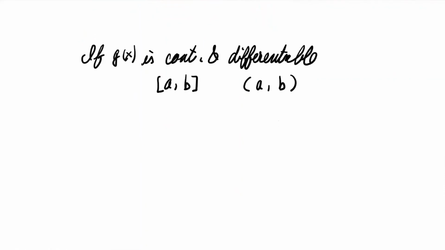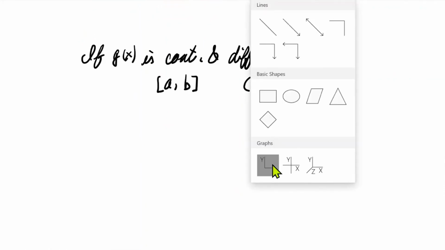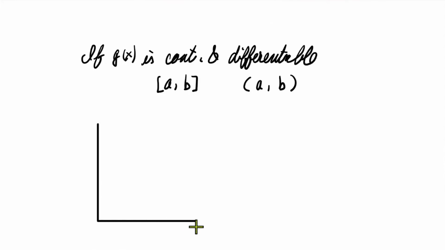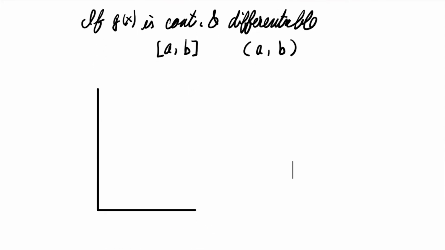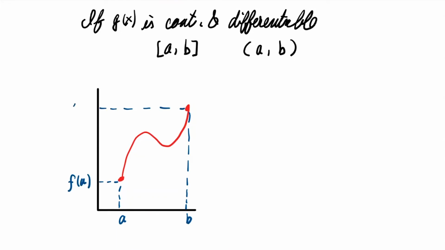And let me draw it, because the picture is what's more important. So say our g looks like that. And this is the endpoint, okay? So this is point a, and this is point b. So this is g(a), and this is g(b).